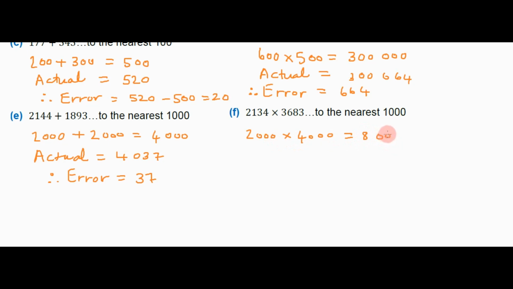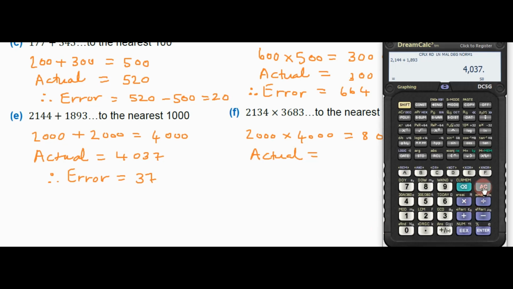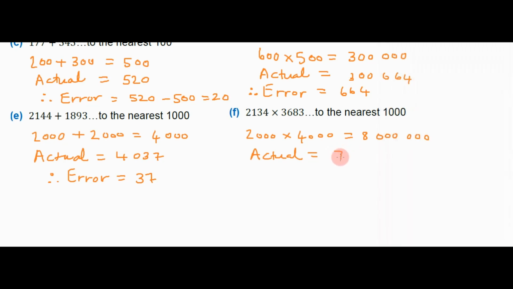And we have to add 6 zeros. So let's look at the actual. 7,859,522.